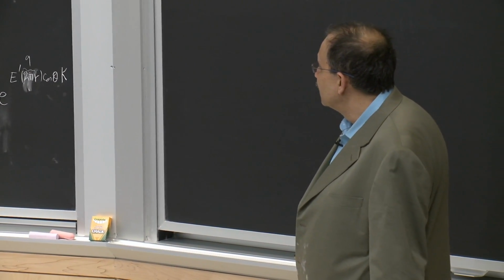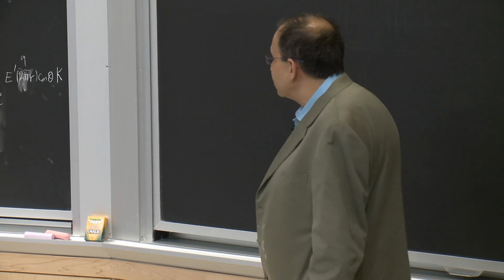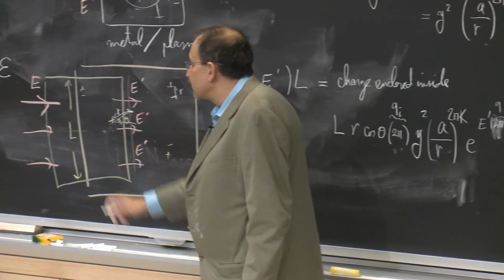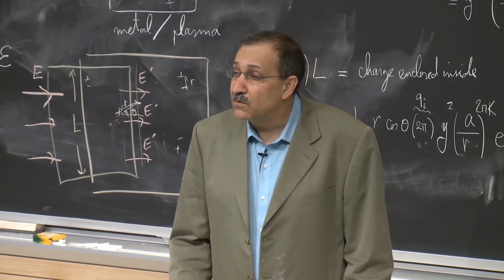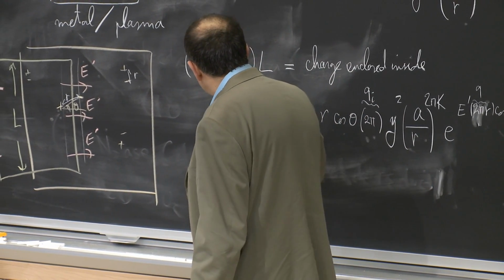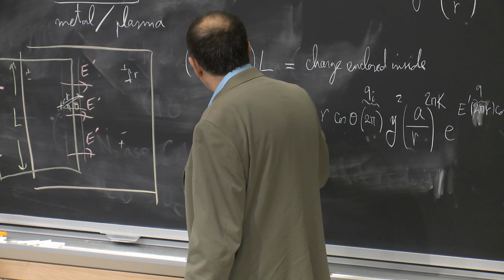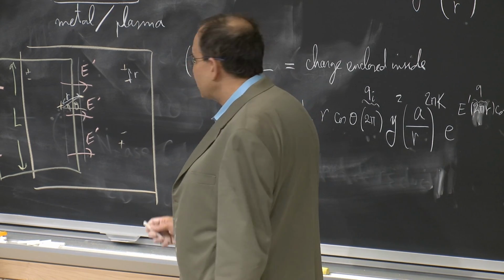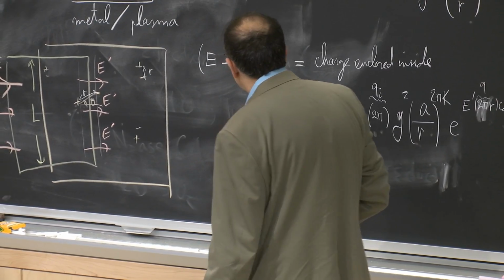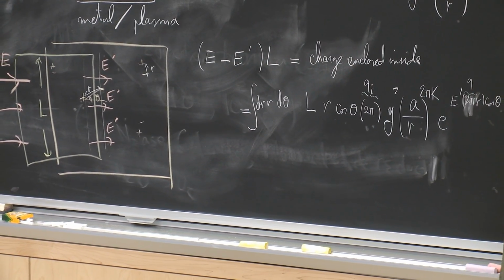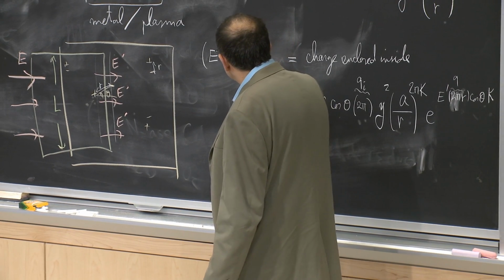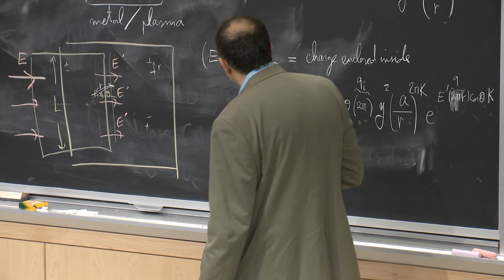So the only final step is that I have to regard my system as having a composition of these things of different sizes. So I have to do an integral over r as well as orientation, so an integral over theta. Of course, the integration will go from a to essentially the size of the system or infinity.